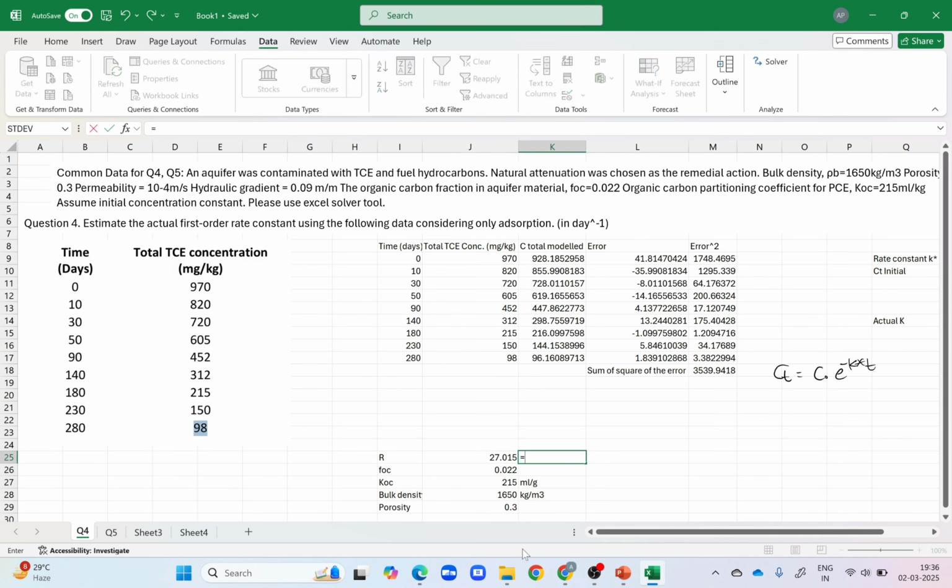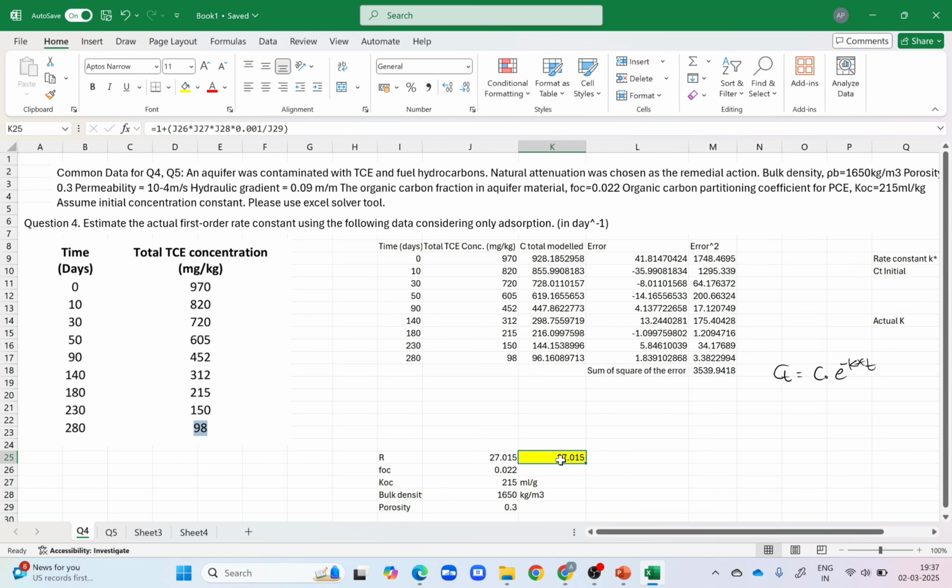So we can find out the retardation factor as 1 plus KD, where KD is FOC into KOC, and then it will be multiplied by bulk density. To convert the bulk density from kg per meter cube to kg per liter, we will divide by 1000, so 0.001, divided by porosity 0.3. So we are getting the retardation factor as 27.015.